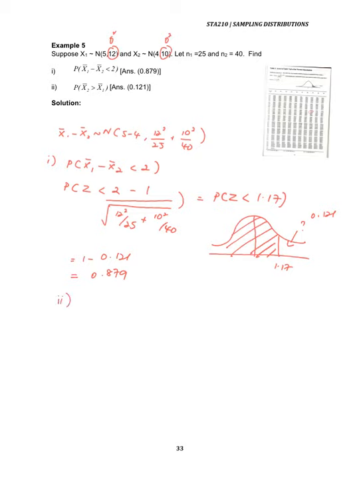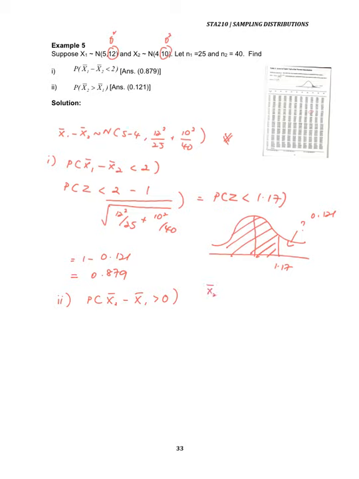Dia nak probability of X bar 2 greater than X bar 1. Okay, means that it is also equivalent to X bar 2 minus X bar 1 greater than 0, sebab tak ada value apa-apa kan. Okay, tapi sebelum tu, kalau tadi yang ni kalau awak tengok, dia X bar 1 minus X bar 2. Sekarang dia nak X bar 2 minus X bar 1. Okay, saya lebih suka kita tukar dulu.